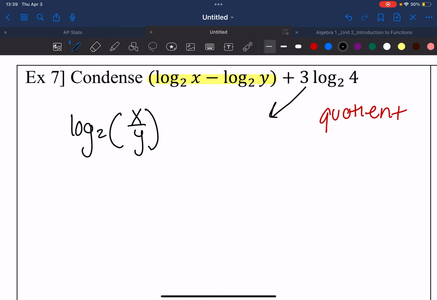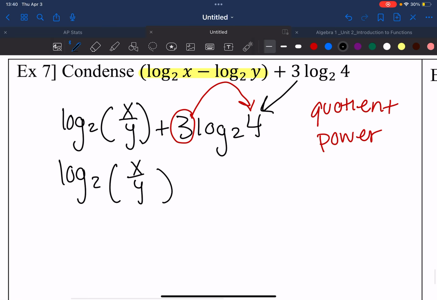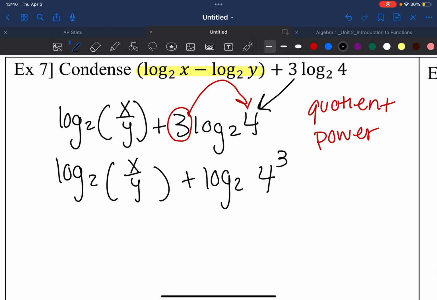And then I'm going to bring down plus 3 log base 2, 4. And since I see a number in front of my log, I'm going to make it an exponent above the 4 because of the power rule. So this is log base 2 of x divided by y plus log base 2 of 4 cubed.